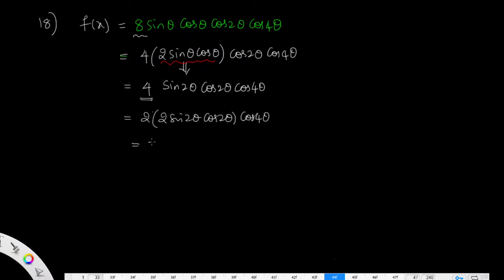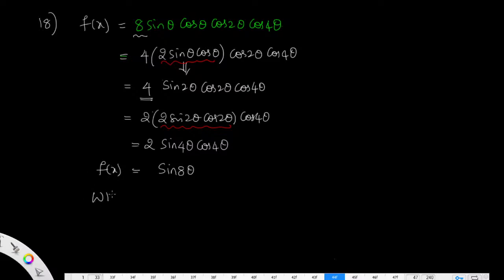Now again by the basic formula this becomes sin 4 theta, then cos 4 theta, and again the formula gives sin of 8 theta. Therefore f of x is sin 8 theta.